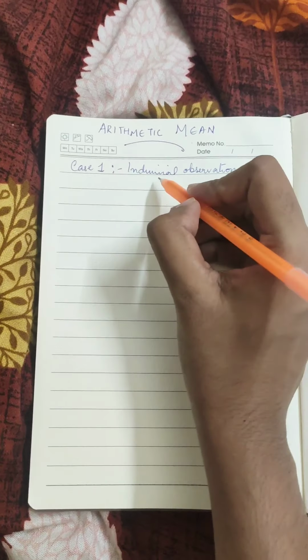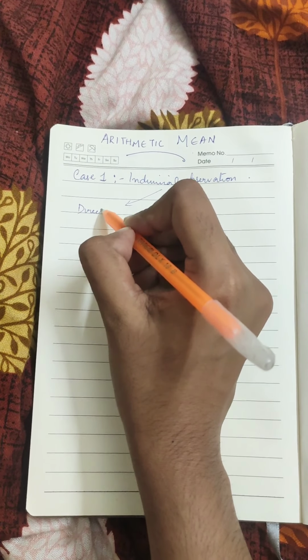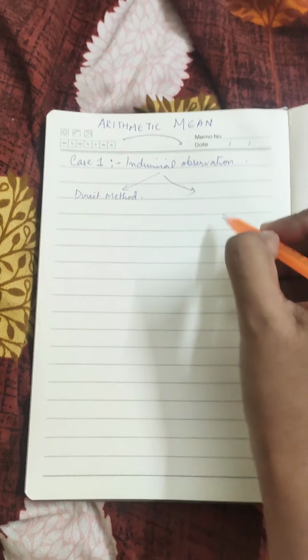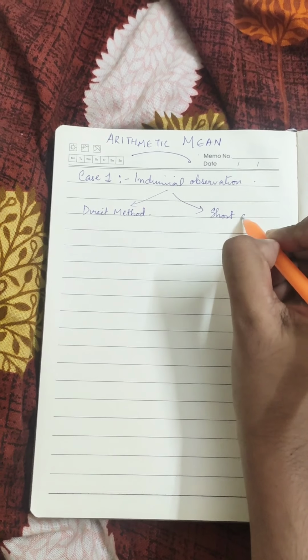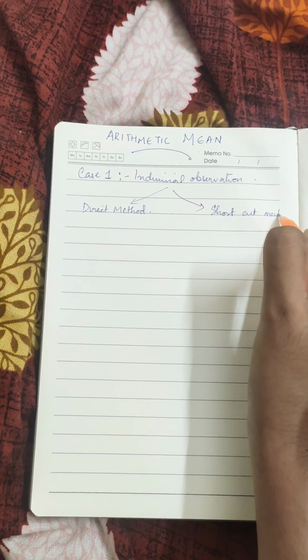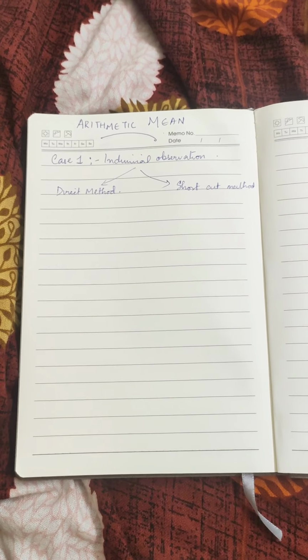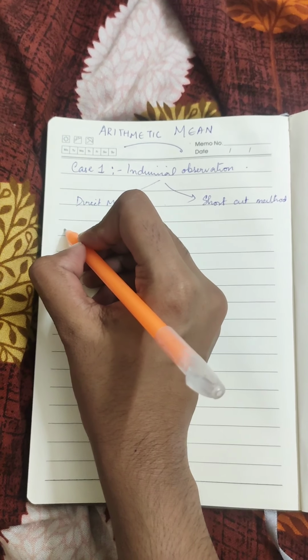and in that there are two methods. First is the direct method, which we have already learned and did 2-3 problems on, and then the second one is the shortcut method. Alright, so in the direct method we have already learned an equation which determines the value of an average.